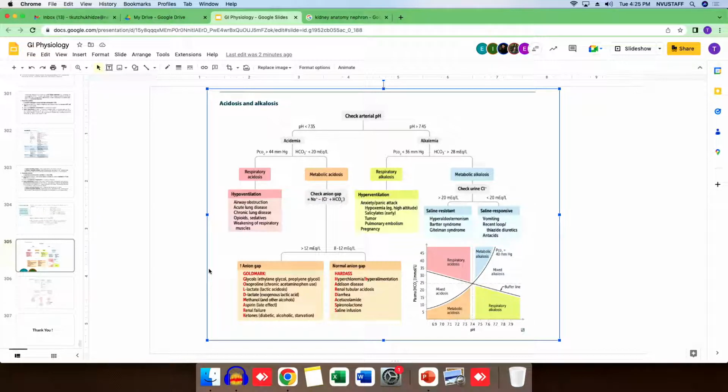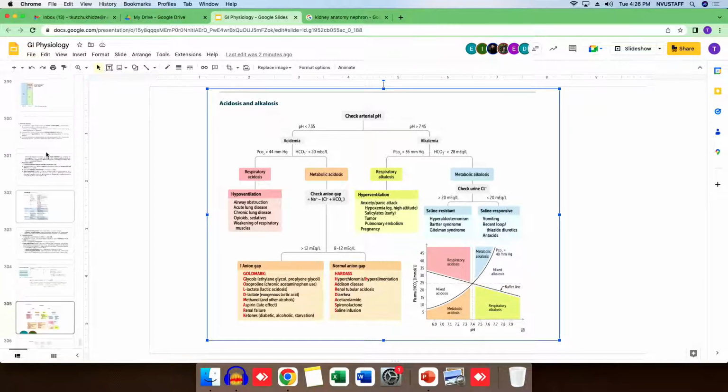Metabolic acidosis is divided based on the anion gap, either normal or raised. How do we calculate the anion gap by formula? We take the sodium concentration minus the sum of the chloride and bicarbonate concentrations.